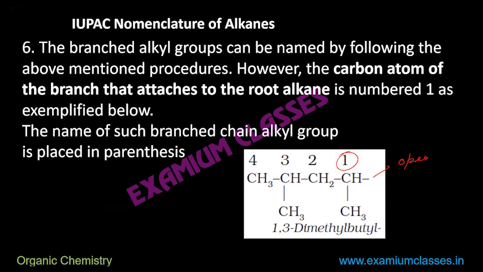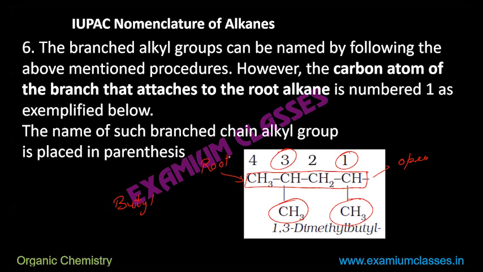So from here, I will find the longest chain. The longest chain is this one. On the longest chain, on first carbon and on third carbon, I have methyl groups attached. The root is of 4 carbons, so I will write butyl.